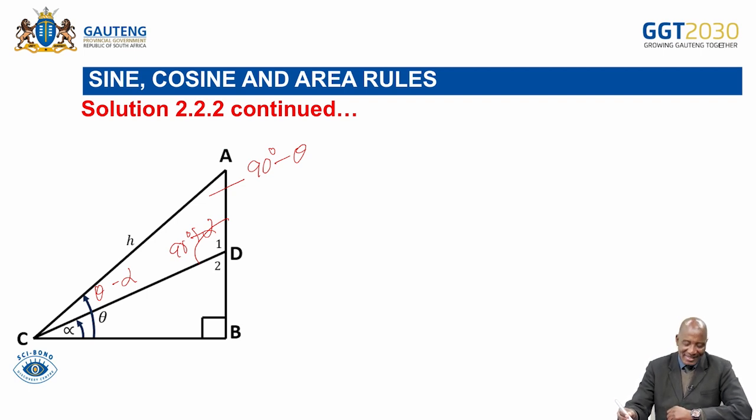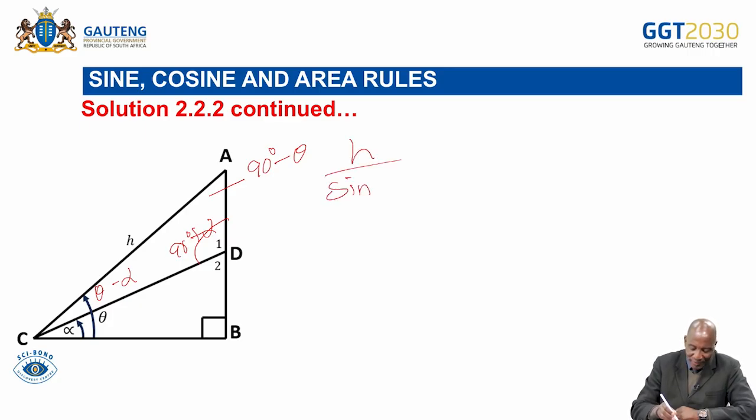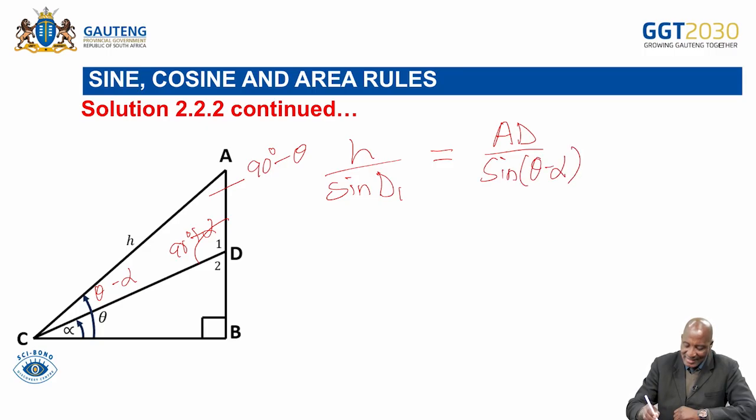Well done. It's the sine rule. So we're going to use the sine rule. We say h divided by sine of angle D1 is the same as AD divided by sine of theta minus alpha.